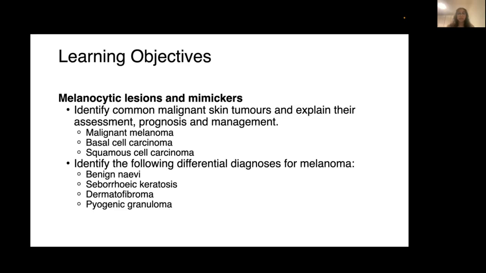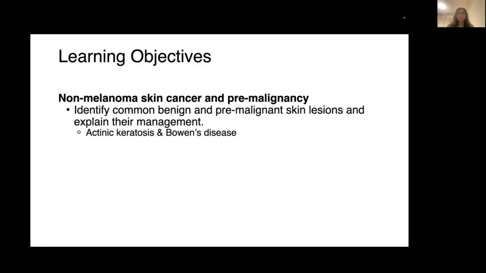We'll talk about differential diagnoses, so benign nevi, seborrheic keratosis, dermatofibroma and pyogenic granuloma. And then we'll also talk about non-melanoma skin cancers and pre-malignant skin lesions, so for example actinic keratosis and Bowen's disease.